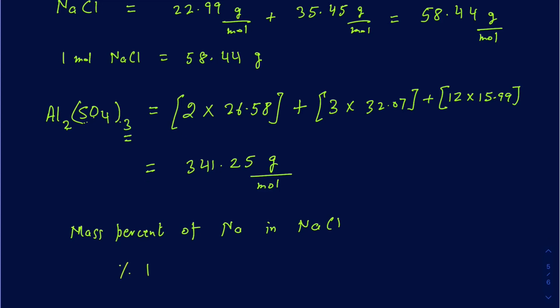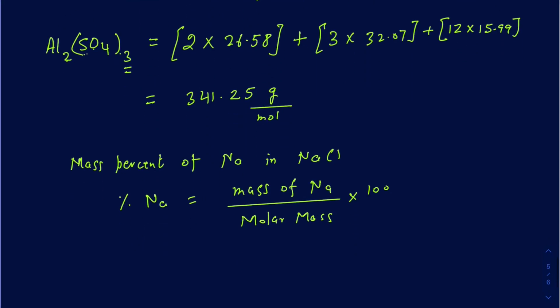Percent sodium will be equal to the mass of sodium divided by the molar mass, times 100. If you recall, that's how you always calculate a percent: you take the part divided by the whole thing, times 100. We're looking at the mass of the sodium divided by the mass of the whole compound, which is the molar mass, times 100.